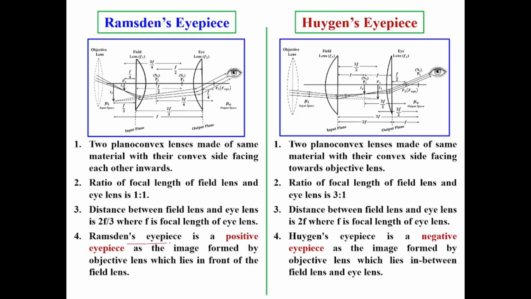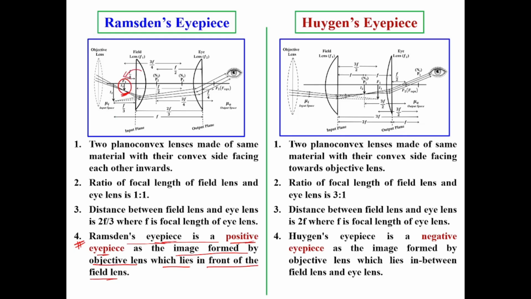Fourth point, the Ramsden eyepiece is a positive eyepiece. This is also one important point. This Ramsden eyepiece is a positive eyepiece as the image formed by the objective lens lies in front of the field lens. Here this image formed by the objective, this one I1, is formed in front of the field lens.